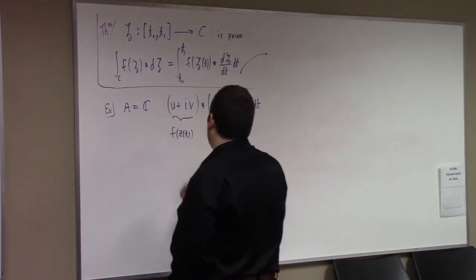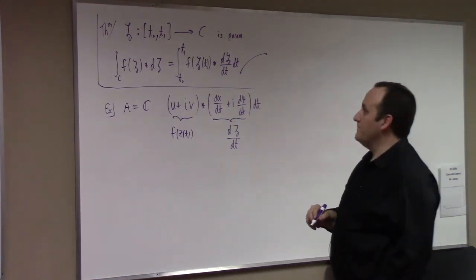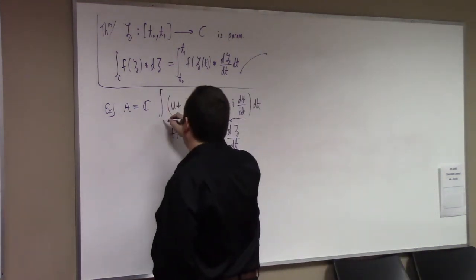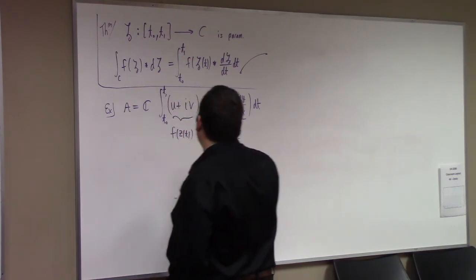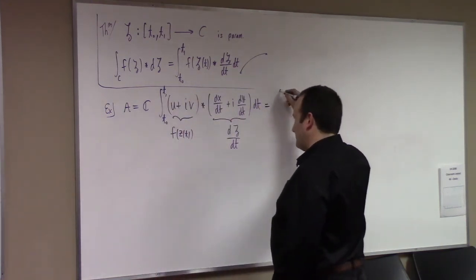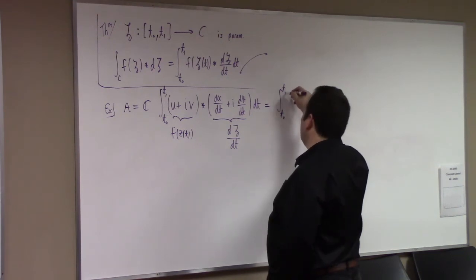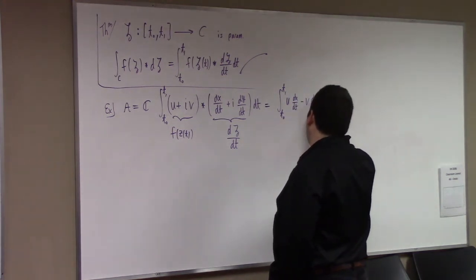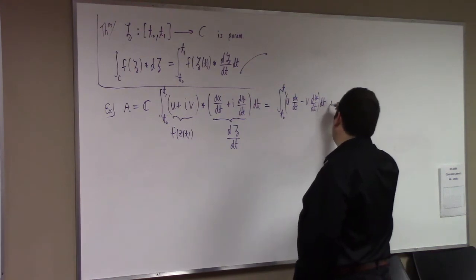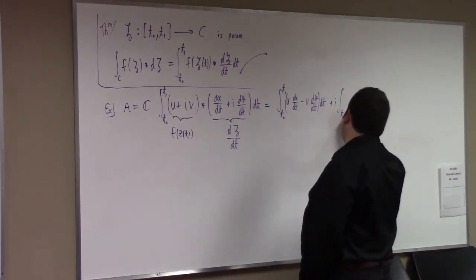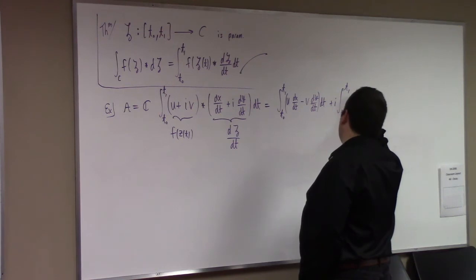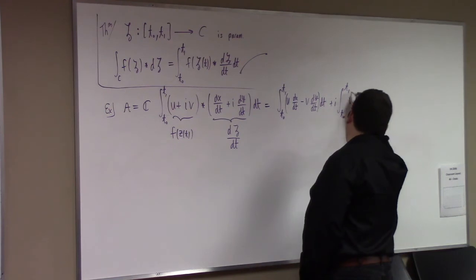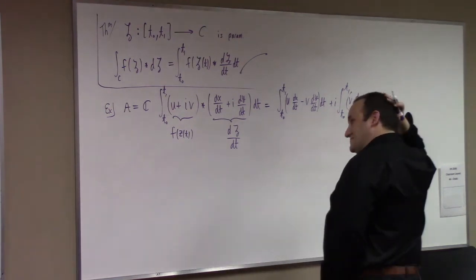I just haven't written the z of t dependence, right? And you integrate over your parameter domain, whatever that happens to be. And what do you get? Well, you get integral from t0 to t1 of u dx dt minus v dy dt, plus I times the integral from t0 to t1 of v dx dt plus u dy dt.